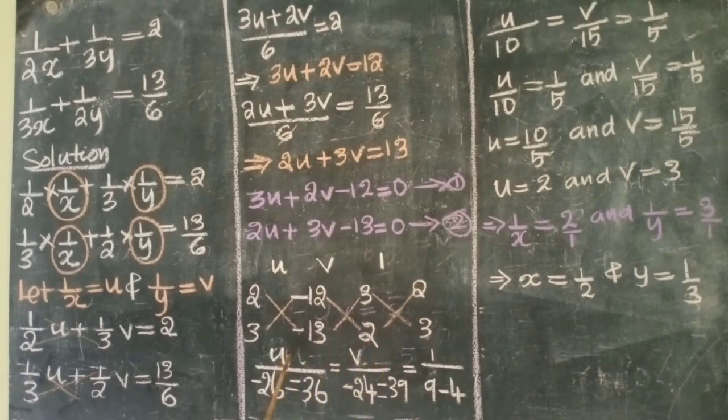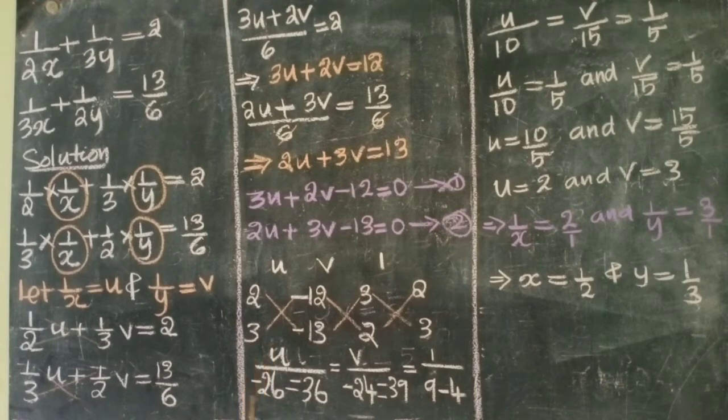So we get u divided by minus 26 minus 36 equal to v divided by minus 24 minus 39 equal to 1 divided by 9 minus 4. Here you can see two negative signs, so this 36 will become plus 36. Here also two negative signs, so 39 will become plus 39.